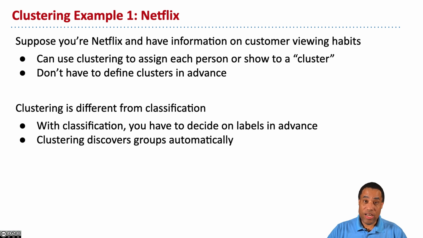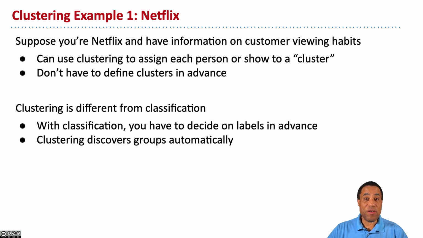And using that information, what your viewing habits are, they could use clustering to do one of two things: to assign a person to a cluster and look at what kind of movies a given cluster watches. And they could assign shows to clusters. So two different ways that they can do clustering. Clustering of individuals, clustering of shows. And why would they want to do this?